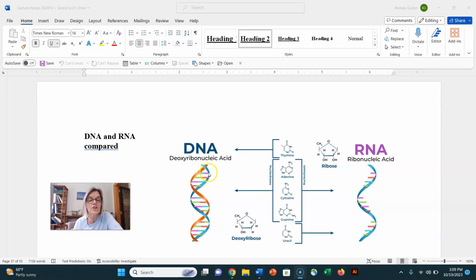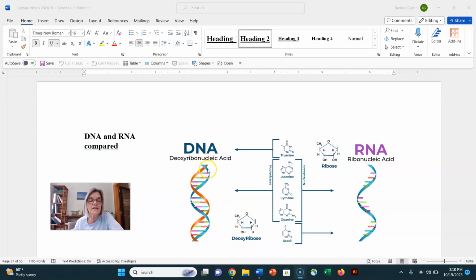Hopefully you remember that there's sugar phosphate along the sides of the ladder, and then these nitrogenous bases make up the rungs of the ladder, the steps. And you even might remember that RNA has a little bit different base composition than DNA. But the thing that I want you to notice that you might not have noticed before is these sugars.